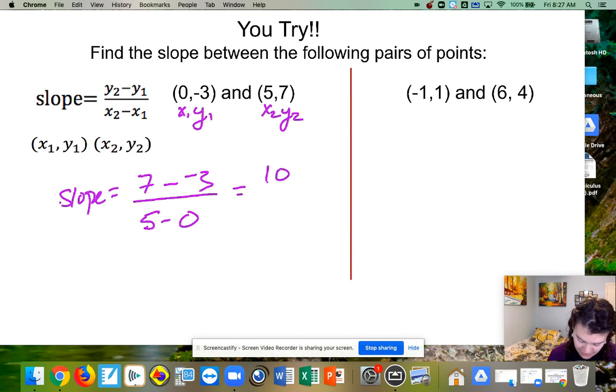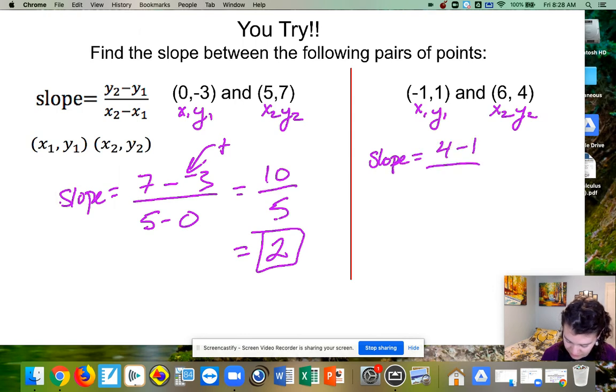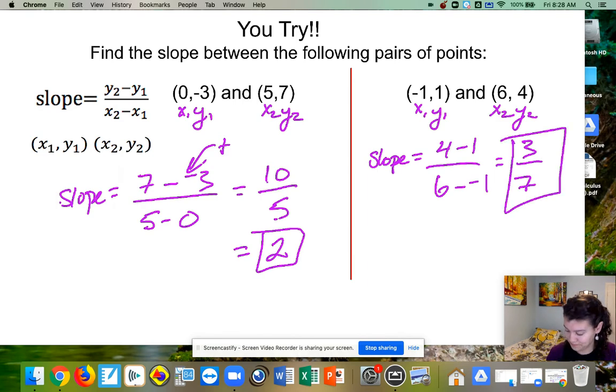This will become 10 because this becomes positive, over 5, simplify, and you'll get 2. Next one, here we have x1, y1, x2, y2. So we have slope, and you have 4 minus 1 over 6 minus -1. You'll get 3 over 7, and then here we can't simplify. You can't divide 7 by 3. So that's your answer.